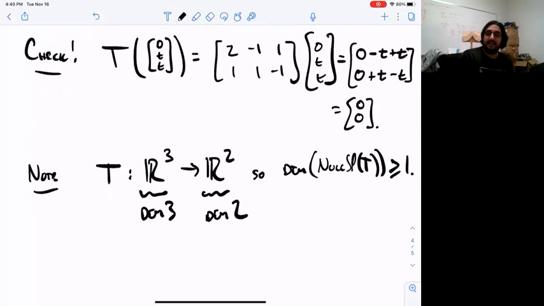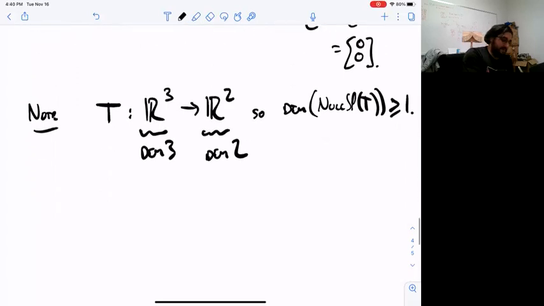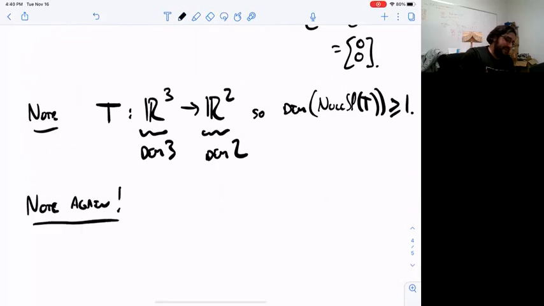Now that's one way to see it kind of geometrically. There's another way to see it. So here's another note, a more algebraic way to see it, more linear algebraic way to say it, I would say.